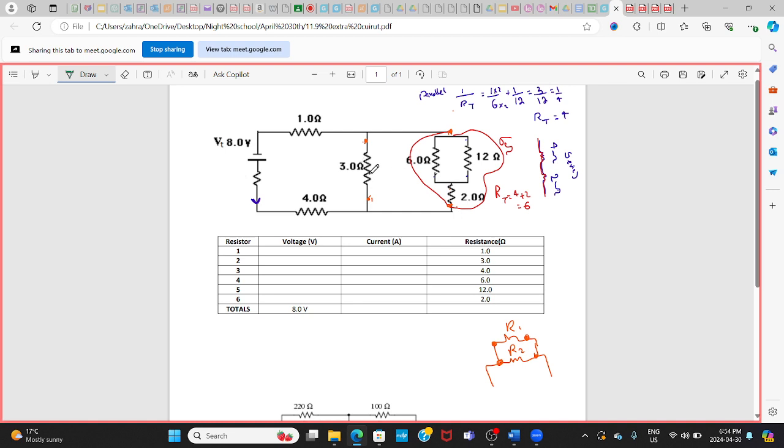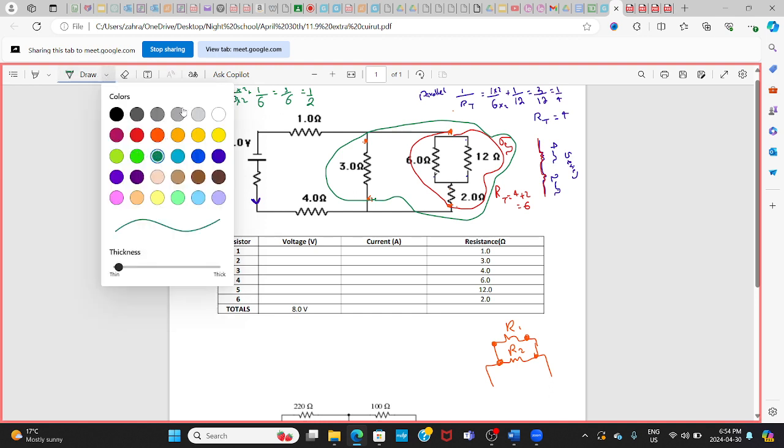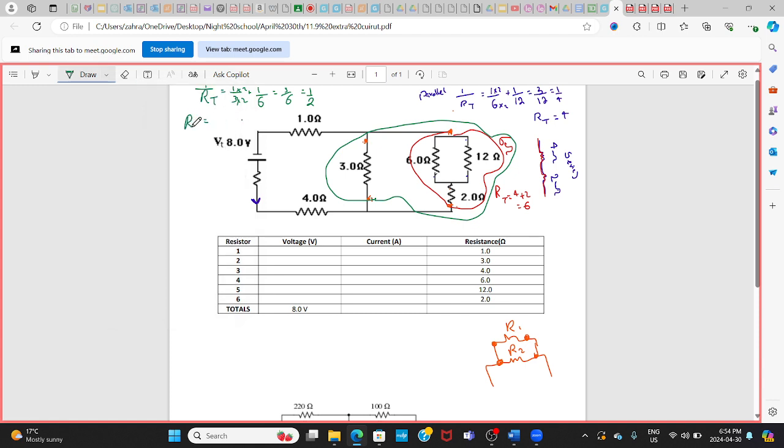Now the 3 ohm and the whole thing here: 1 over R total is equal to 1 over 3 plus 1 over 6. The common denominator gives 3 over 6, which is 1 over 2. So R total will be 2. Okay? So this is for that.